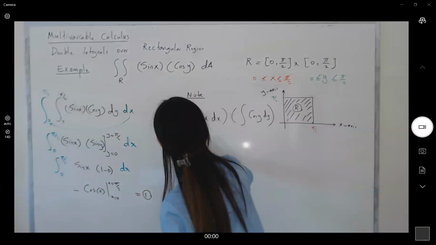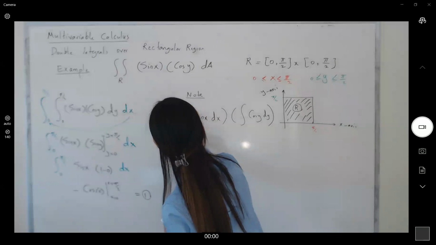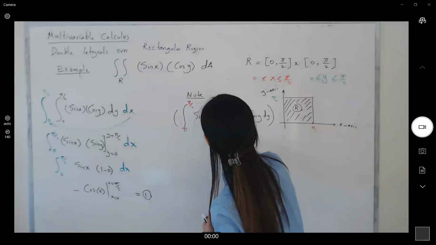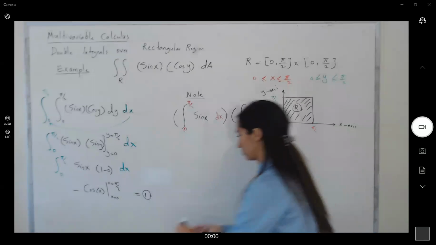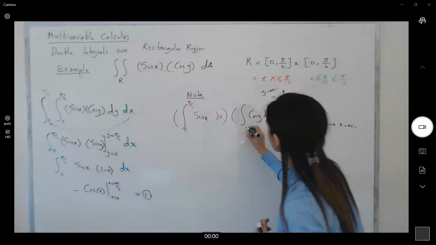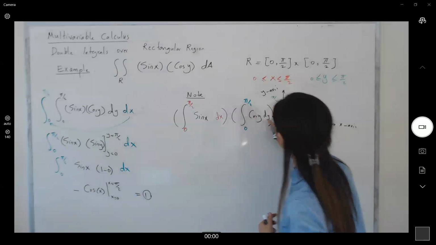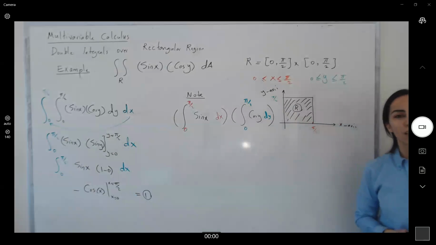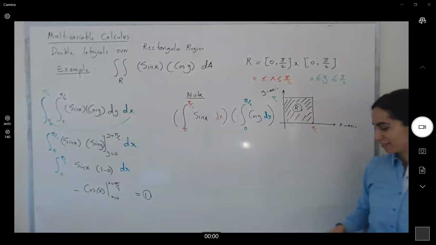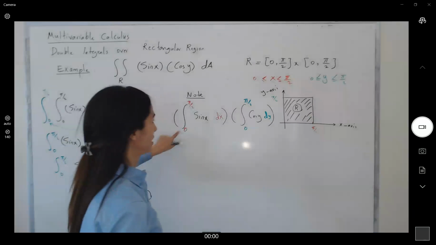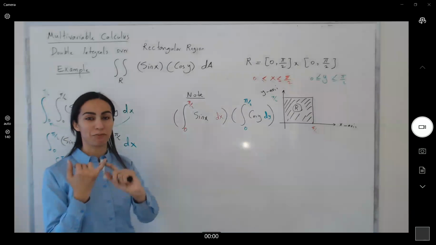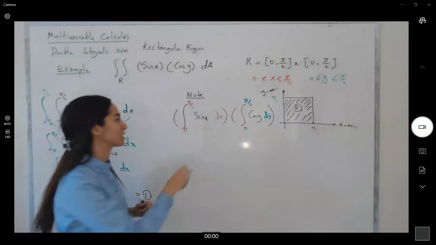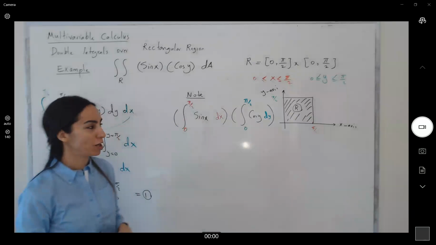So let me just choose the correct color. 0 to pi over 2 for dx. 0 to pi over 2 for dy. Again, you are only allowed to do that if you have fixed boundaries, and there is no connection, attachment, dependency between your x and y.